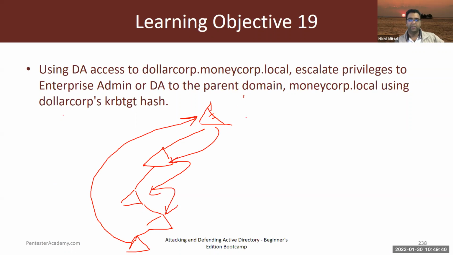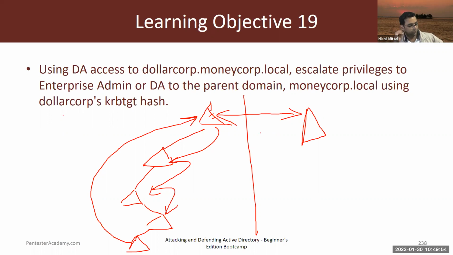And not only the entire forest, probably across forest as well. If it is a functional forest trust, then there probably are chances that someone can move across forest trust as well. All right, so is this clear?